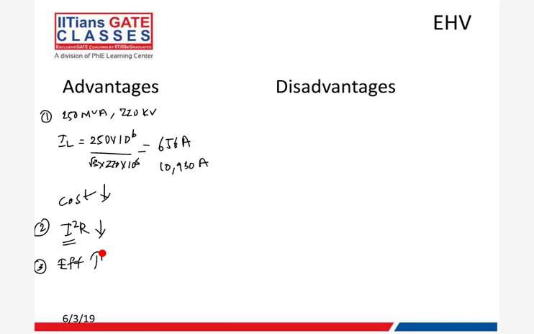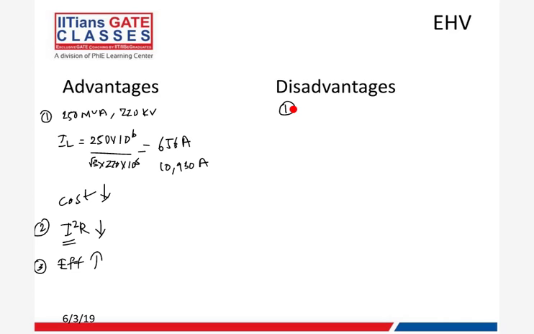Okay, now let's look at some of the disadvantages. Can you tell me what would be the first disadvantage? From the operating cost point of view, the cost comes down, right? What would increase is the insulation cost. Good, because insulation is proportional to voltage.